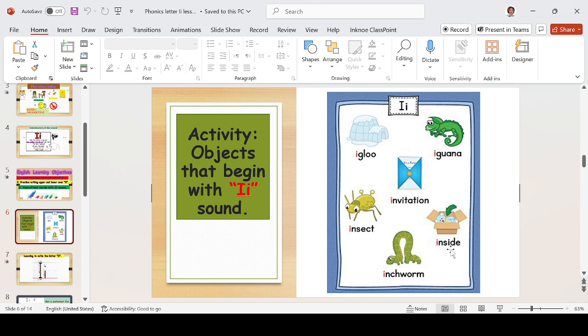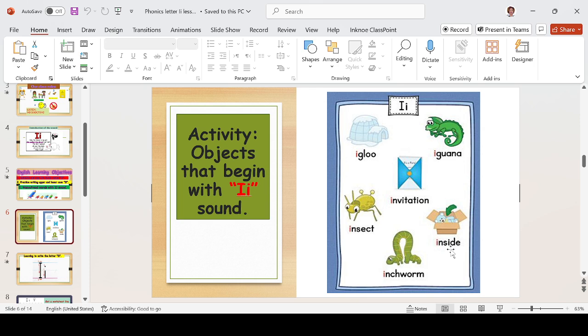Let's look around. Okay, so for me, I have a tray, and inside it has some pencils, some crayons, some whiteboard markers. They are inside the box. Alright, and I have a picture of an igloo on the wall, a picture of an iguana on the wall, and that's it for me.